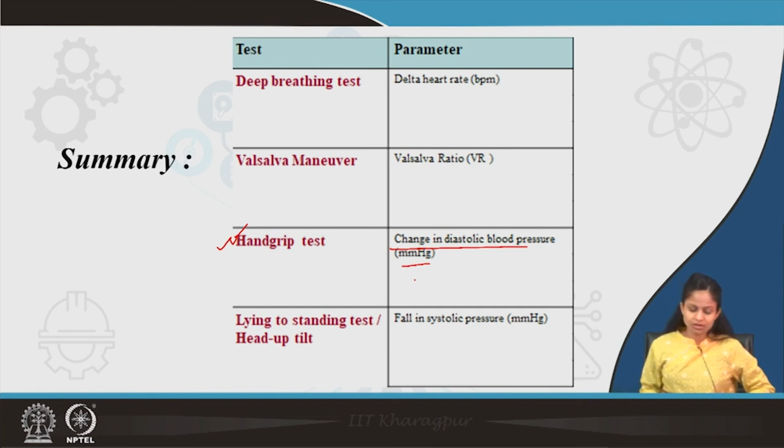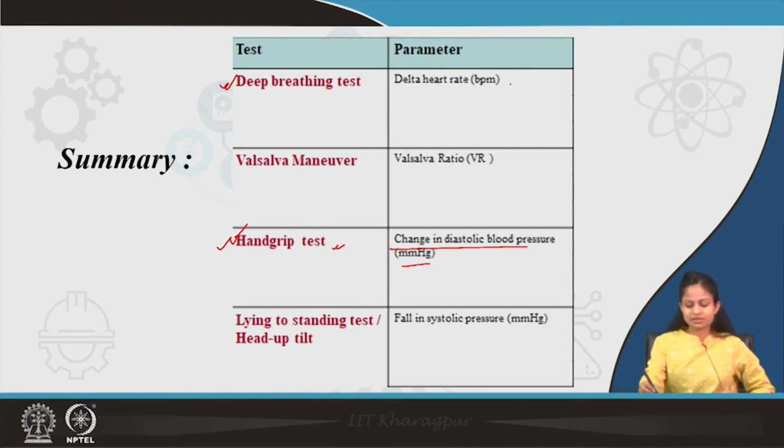In the deep breathing test, the main contraindication is if the person has an acute respiratory infection. So, these are the certain precautions or contraindications of the autonomic function tests.